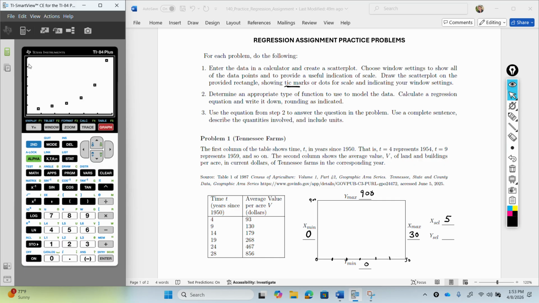I'm just trying to get a nice spread, or if I get 300. So every grid mark is 300 units. Okay, that's not enough grid marks. I might go to 150. And then I'm going to press graph. Okay, that's looking pretty good.